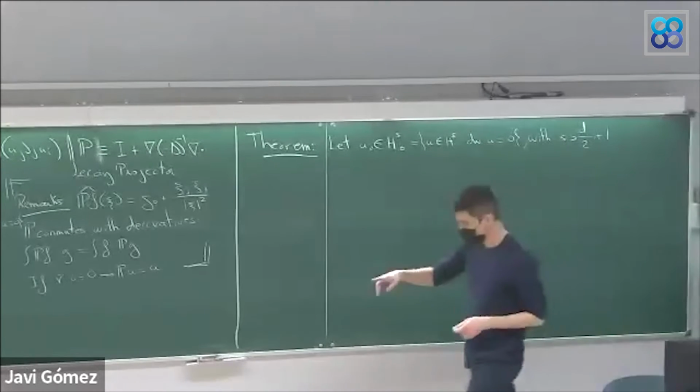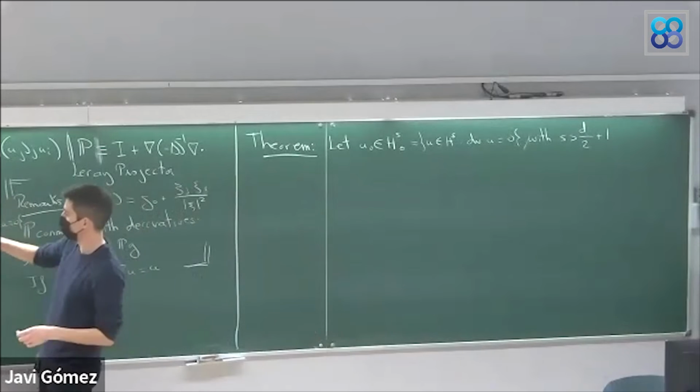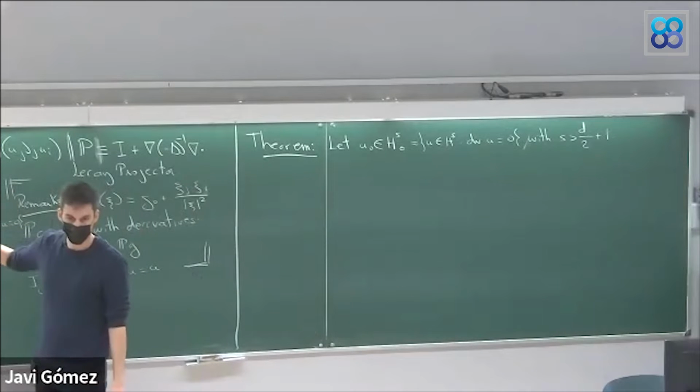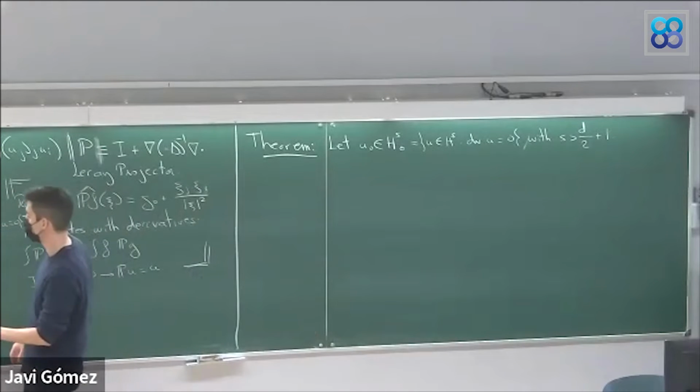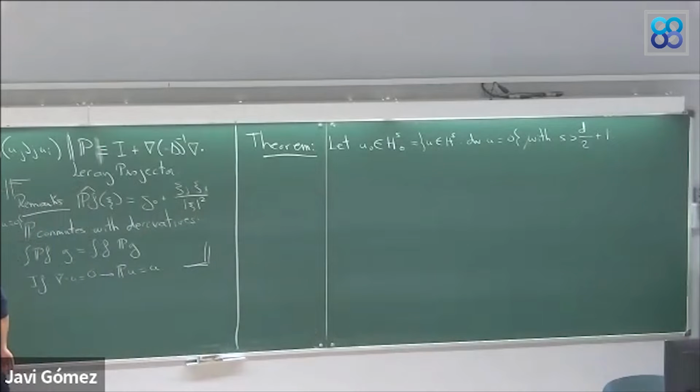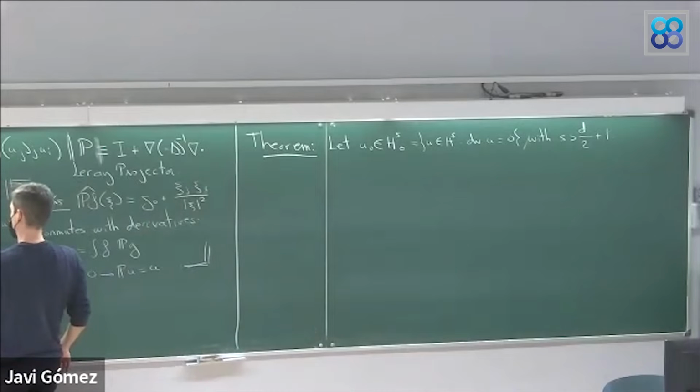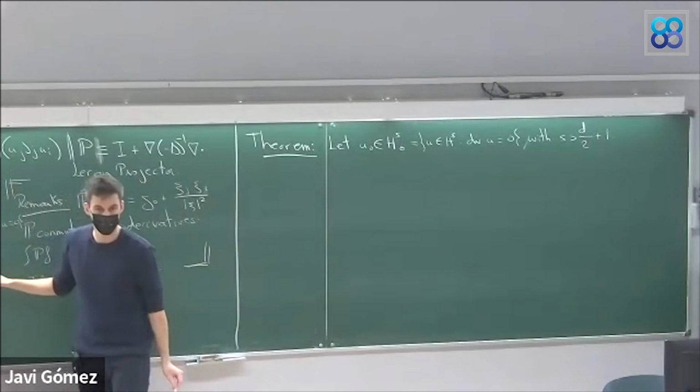I'm assuming, like in the other lecture, that u is a function of x and t that goes from R^d to R^d. So this is the dimension.